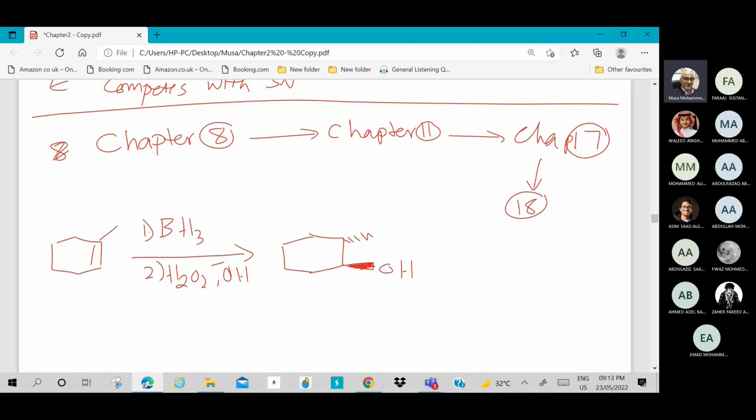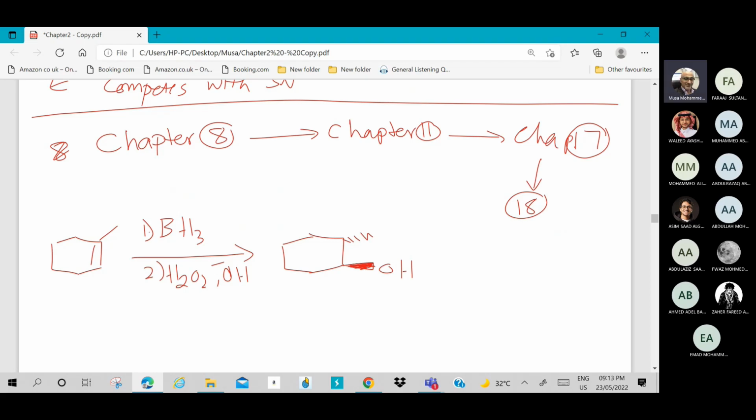If you do not know how to deal with chapter 8, chapter 17 assumes that you know chapter 8. So if you want to review the previous chapters 7 and before, you review them anytime. You can review before, after you study, but the sequence of studying these chapters should be 8, 11, 17, 18.